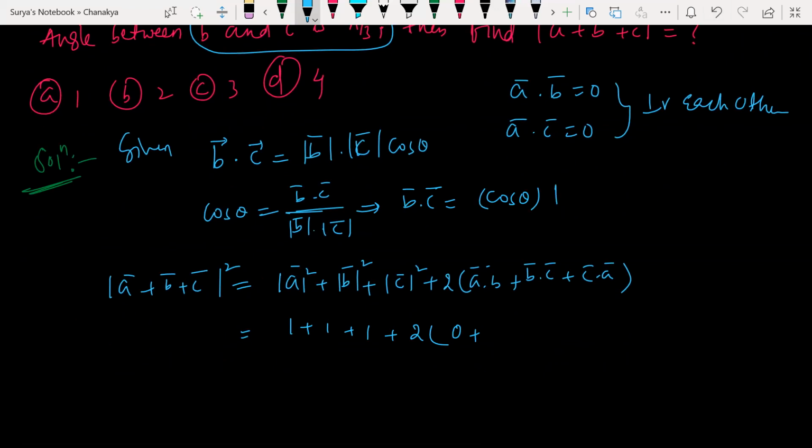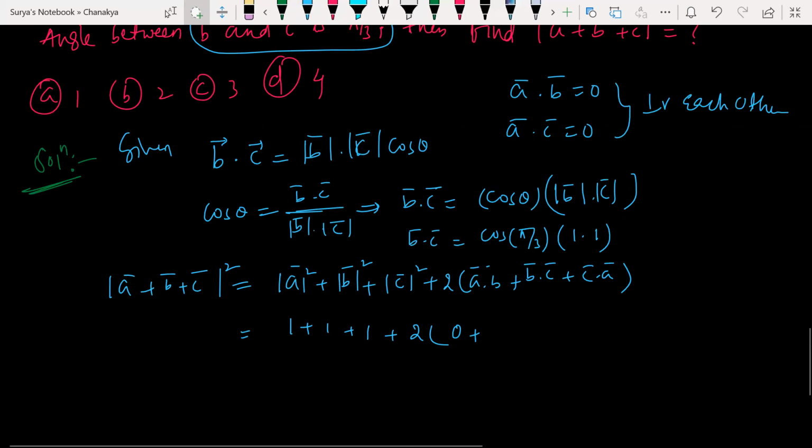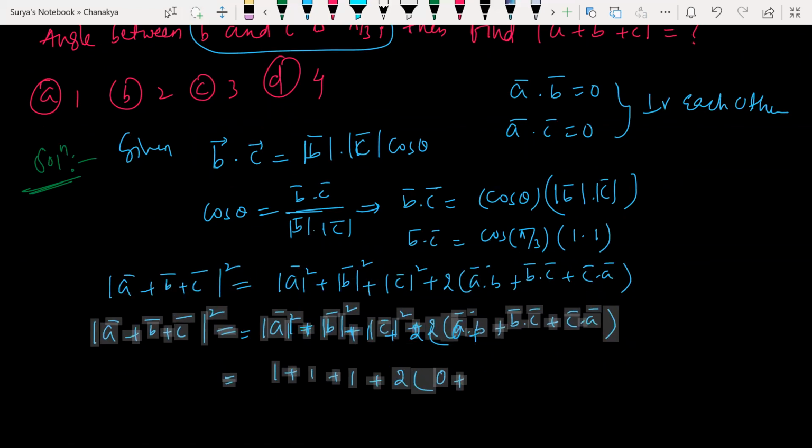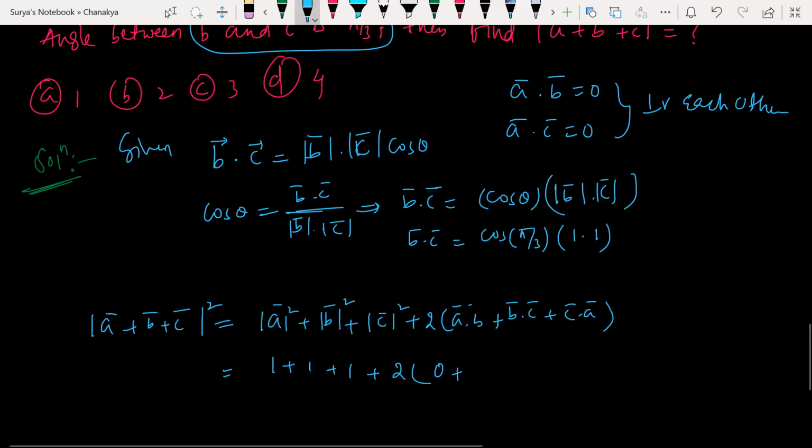Theta is given as pi by 3, so cos 60 is 1 by 2, into 1 into 1. So B dot C is 1 by 2. Hope it is clear.